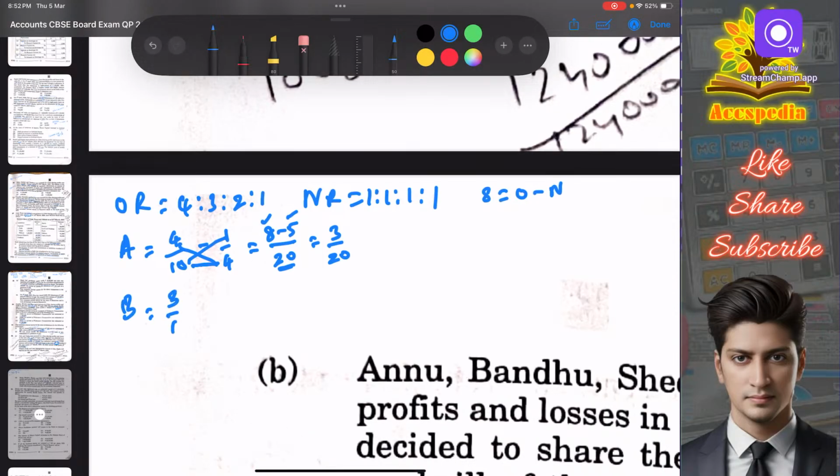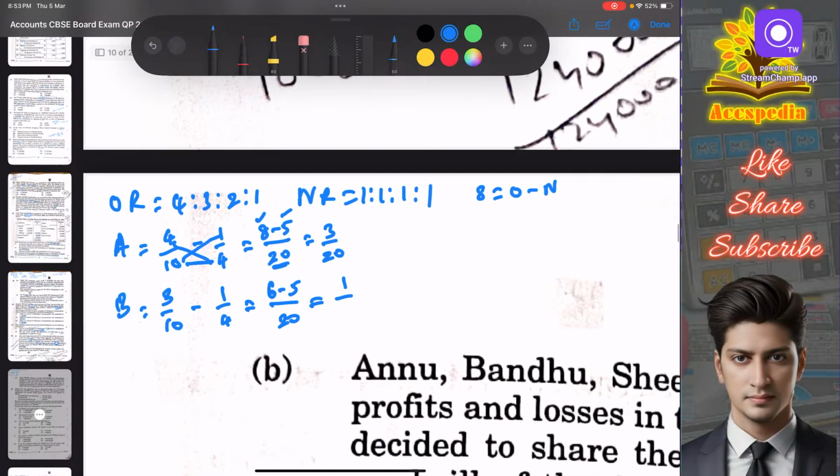Old share is 3/10 minus new share 1/4. LCM is 20, 3 into 2 is 6, minus 1 into 5 is 5. So 1/20. So for him it came positive, so sacrifice, because we are applying the sacrificing share formula. In the formula, a positive answer is sacrifice, a negative answer is the opposite to this formula, gain.